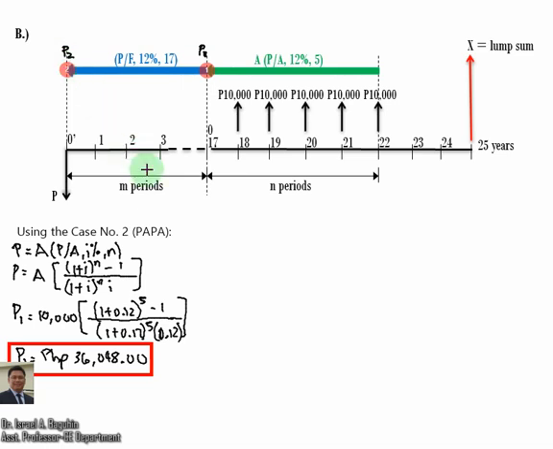Okay, so as you can observe, there was no annuity here, no installment made by the man to his son.